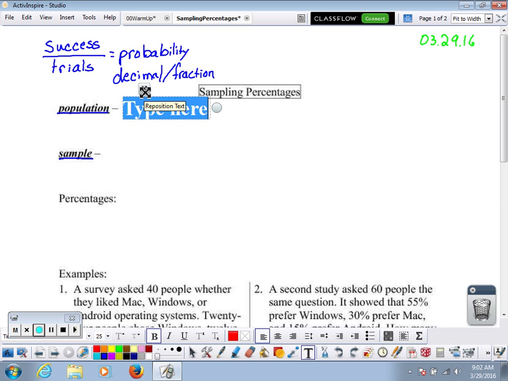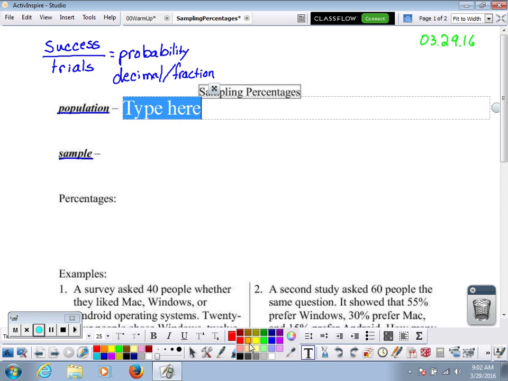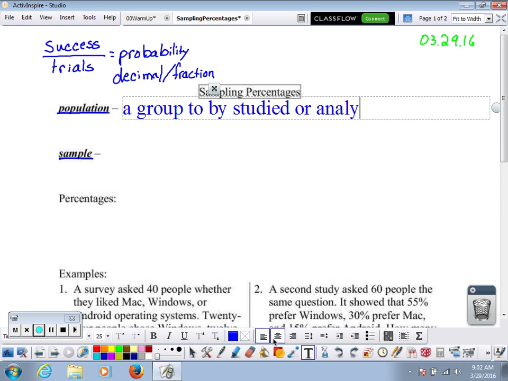When we talk about a population in statistics, in math class, what we really want is, very simply put, a group to be studied or analyzed. It could be a group of people, could be anything really.